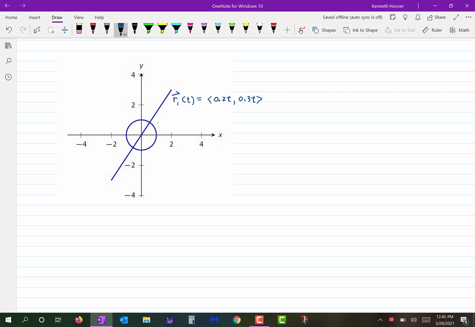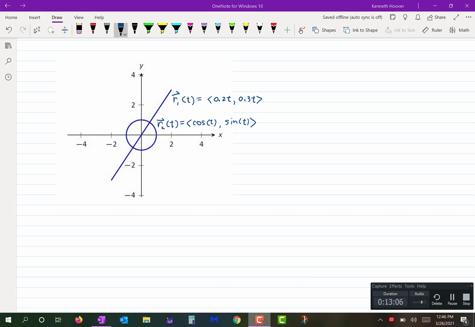We'll call that one R2, and it is R2 of t equals cosine of t, comma sine of t. That's always going to give you a circle. That's the unit circle, in fact.